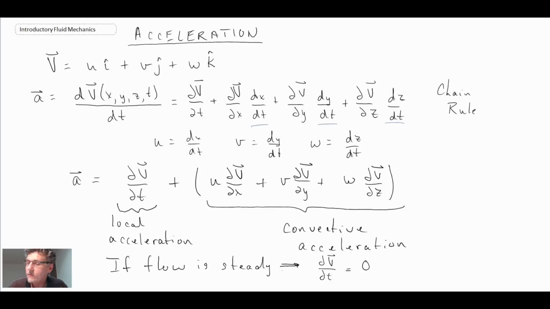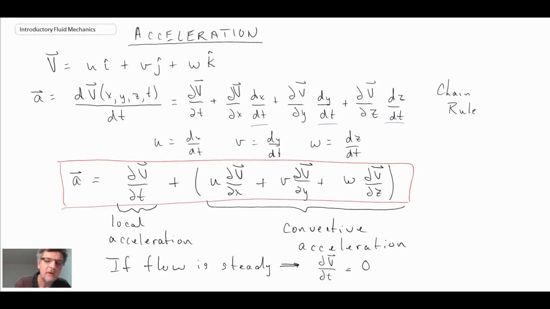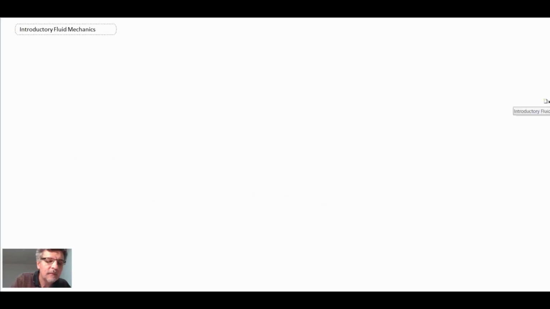So what we're going to do is take a look at rearranging this expression for the acceleration of a fluid. And so let's take a look at rearranging that mathematically. Let's take a look at the second term.